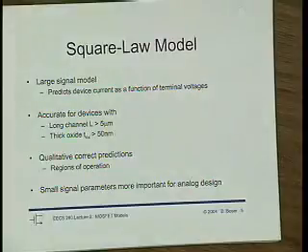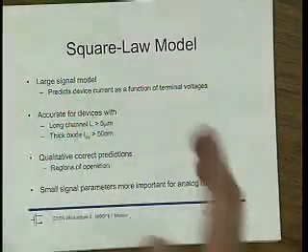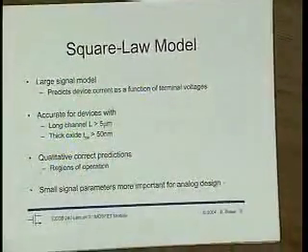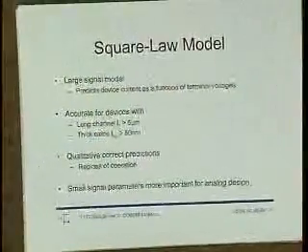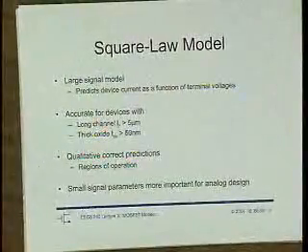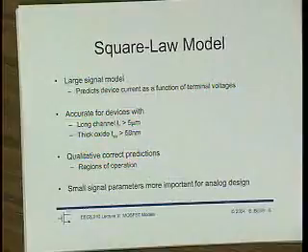Even though the actual values that come out of these equations are often fairly inaccurate, at least the characteristics like regions of operation, saturation, weak inversion, and so on, the square law model, or the extended square law model, is good at telling us what those are, and we'll keep on using that nomenclature, even though it doesn't map exactly onto the device characteristics.